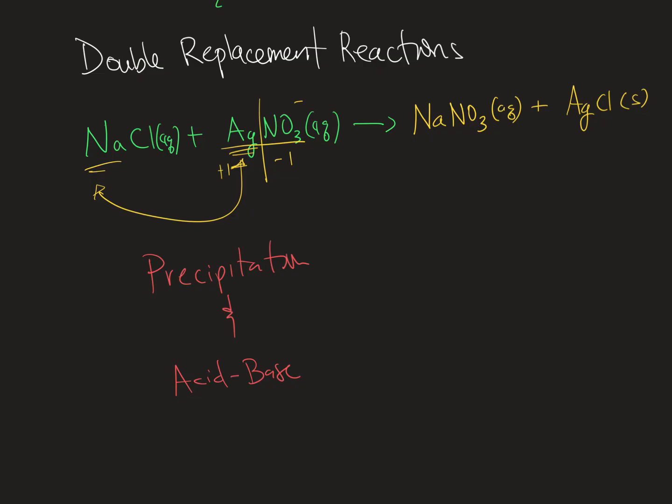And what do we know is happening when we have clouds in the sky? Precipitation, right? So that yellow stuff turns out is a solid. It does not dissolve in water. When we get that yellow stuff, we call it a precipitate. It's when a solid forms from mixing two aqueous solutions. And that's how we know it's a precipitation reaction.